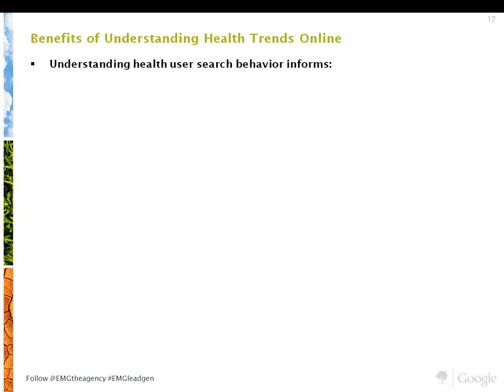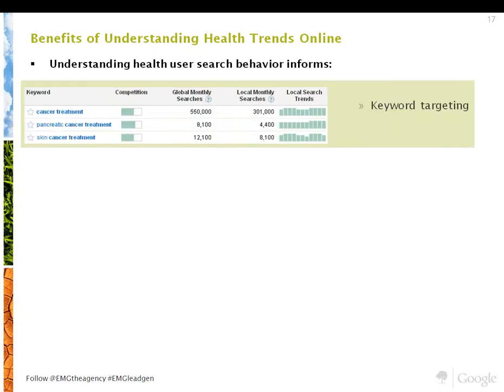That's because understanding health user search behavior really informs a lot of the strategy and best practices we'll be covering in a bit, including keyword targeting and making sure your business or institution is visible online based on what people are searching for. So here we have an example of more general search terms such as cancer treatment, which has a higher search volume than a more specific search term such as pancreatic cancer treatment.